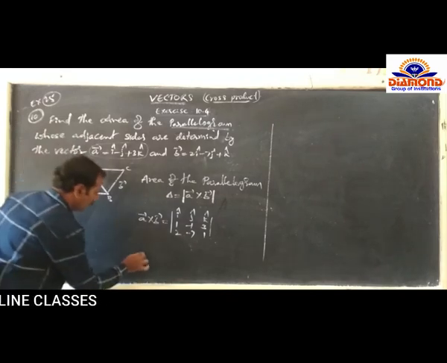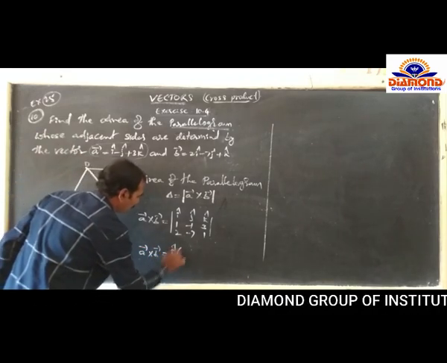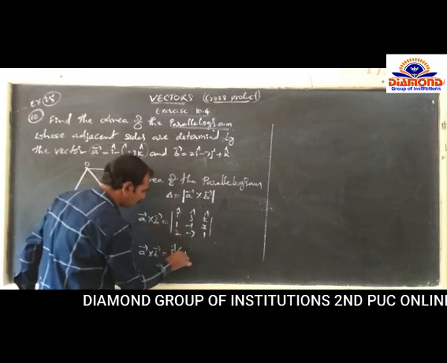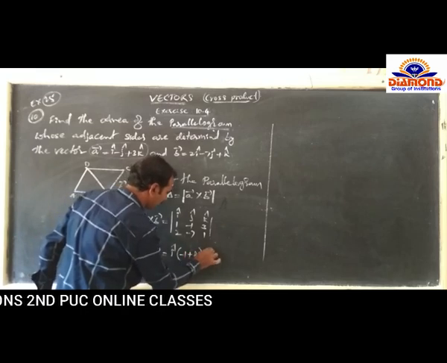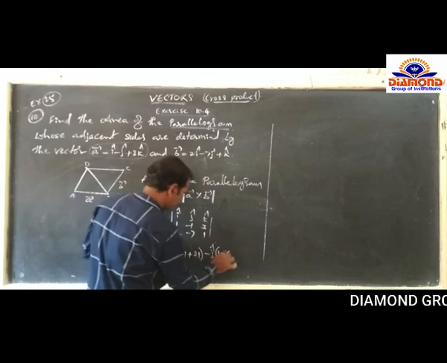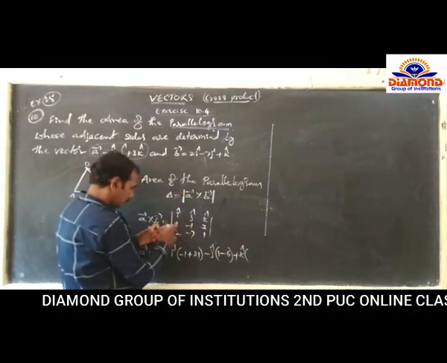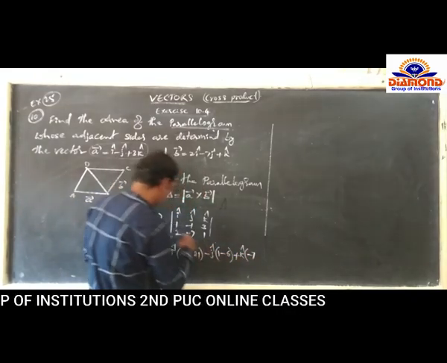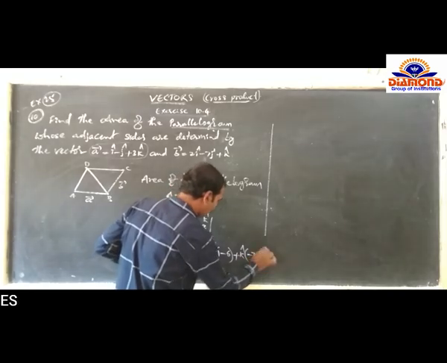So A bar cross B bar equals I cap into minus 1 plus 21, minus J cap into 1 minus 6, plus K cap into minus 7 plus 2.